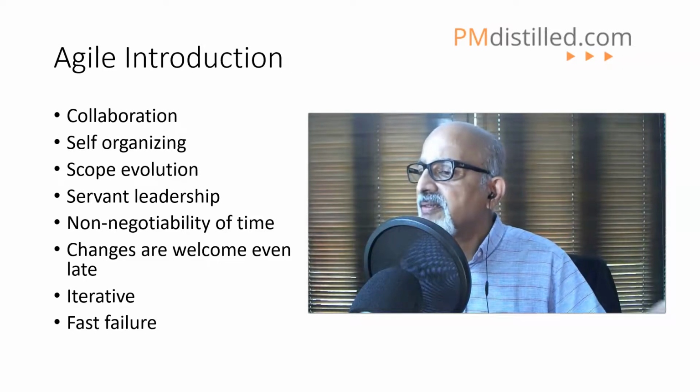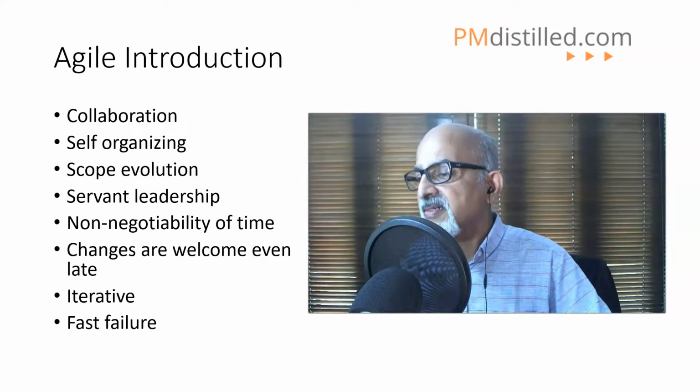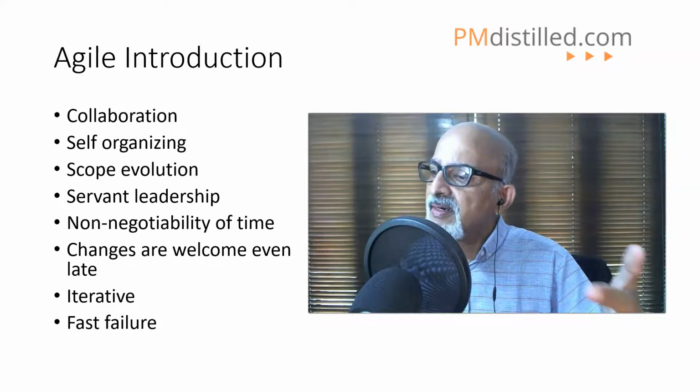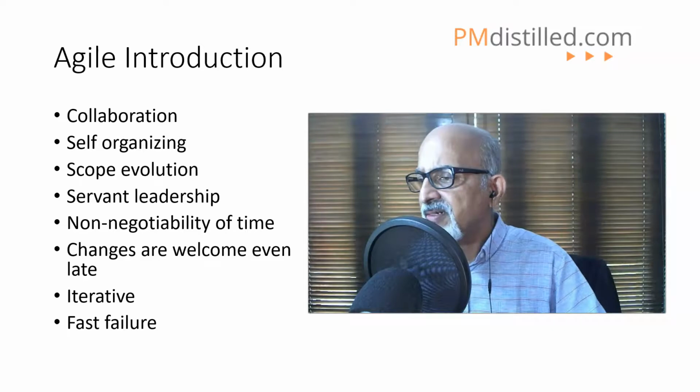Whereas in Agile, we break it into iterations, and each iteration can be around 30 days, or it cannot be more than 30 days, it is lesser than 30 days. 15-day iterations or 30-day iterations, the team can decide.